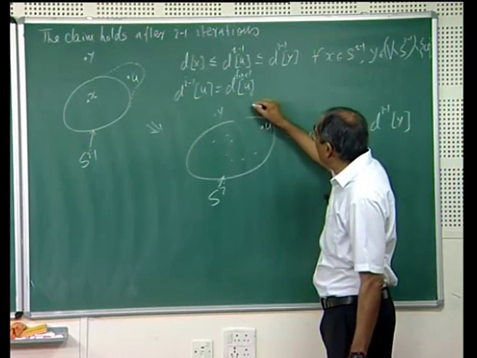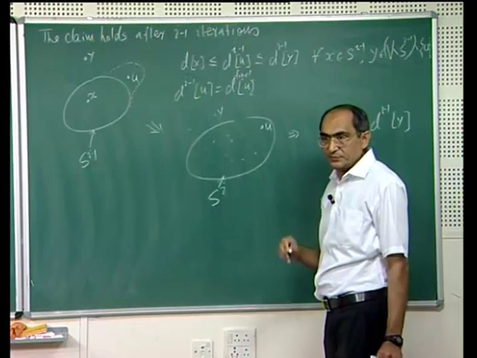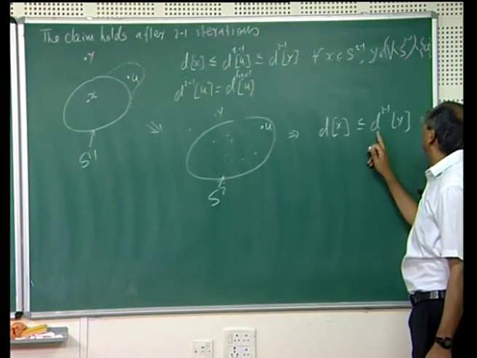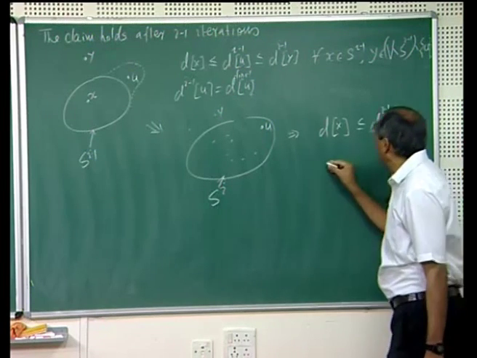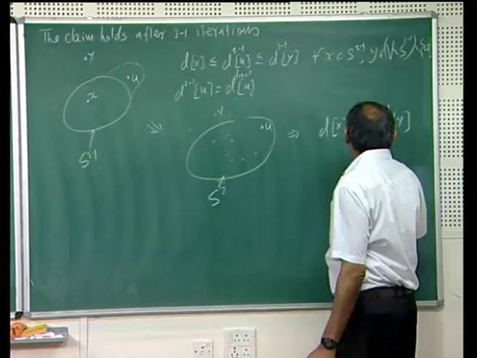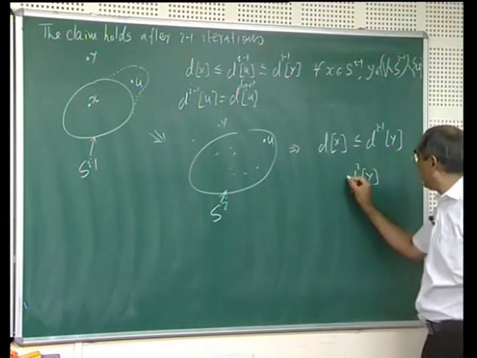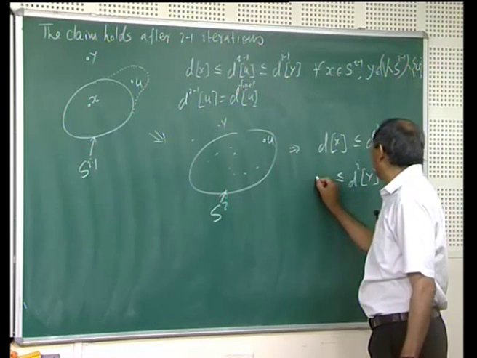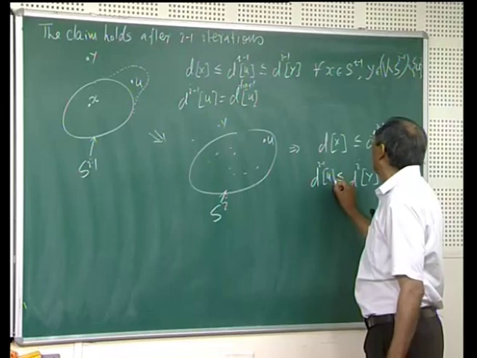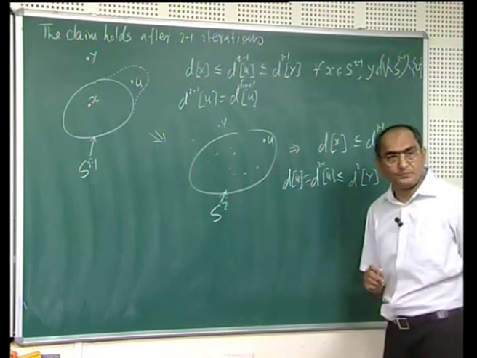In case y is not a neighbor of u, then we anyway do not change. So, what we notice is that this value, namely d_i(y), is still greater than or equal to the d value i minus 1 of u, which is same as d of u, the final value. Okay.